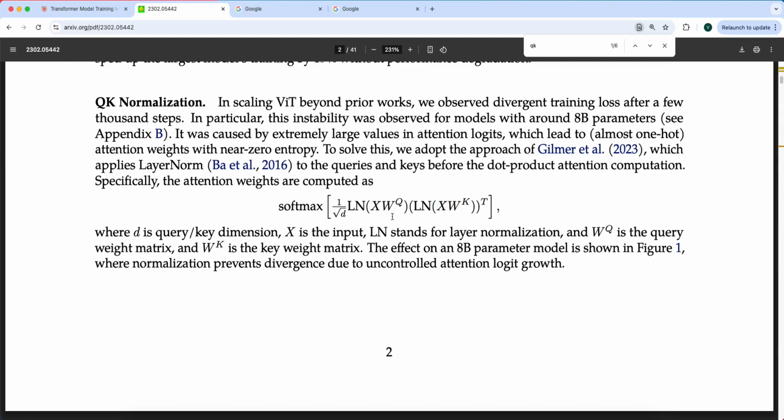So if I'm understanding this correctly, D is the query key dimension, X is the input, LN stands for layer normalization, WQ is the query weight, and WK is the key weight. So they're taking a layer norm after applying the matrix multiplication to the individual weights, and then they do the query Q transpose matrix multiplication, and then the scaled softmax. Okay, I think that makes sense.